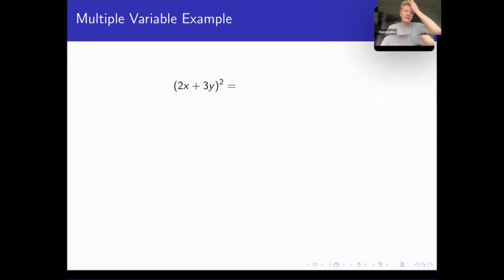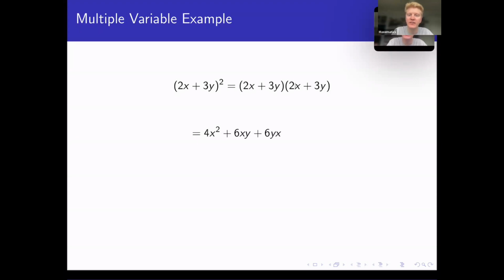So doing one more example, if we're just expanding a multiple variable polynomial. So 2x plus 3y squared says 2x plus 3y times 2x plus 3y. Okay, 2x times 2x, 4x squared. 2x times 3y, 6xy. 3y times 2x, 6yx. 3y times 3y, 9y squared.